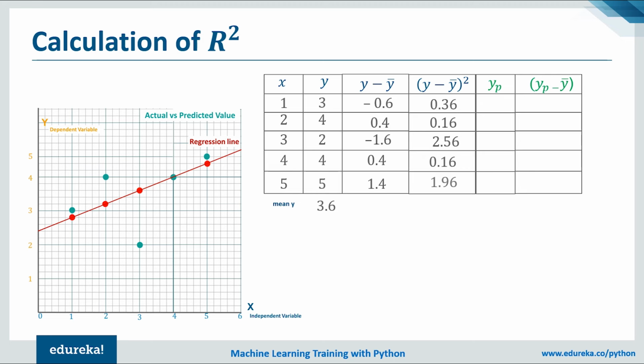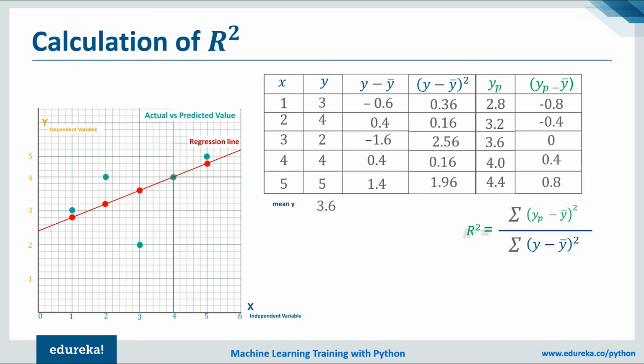Now as part of the formula, we need our y predicted minus y bar value. These are the y predicted values, and we have to subtract the mean of y from them. So 2.8 minus 3.6 is minus 0.8. Similarly, 3.2 minus 3.6 is minus 0.4, and 3.6 minus 3.6 is 0. 4.0 minus 3.6 is 0.4, and 4.4 minus 3.6 is 0.8.